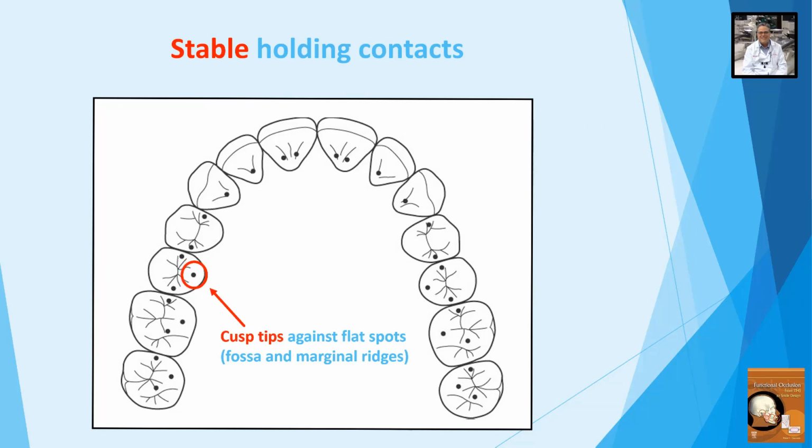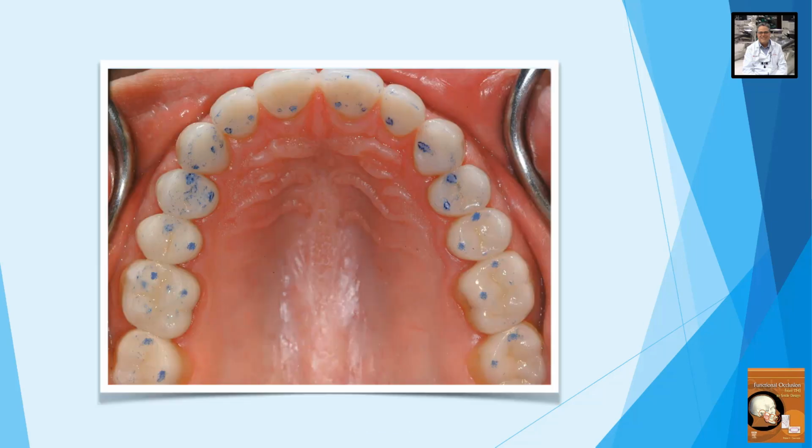Again, this is the maxillary, and so the lingual cusp tip would be opposing flat spots, and the buccal cusp tips of the mandibular teeth would oppose flat spots in the maxillary teeth. This is how it would look in a completed full mouth case with all crowns, and this is beautifully done. Lingual cusp tips and flat spots.